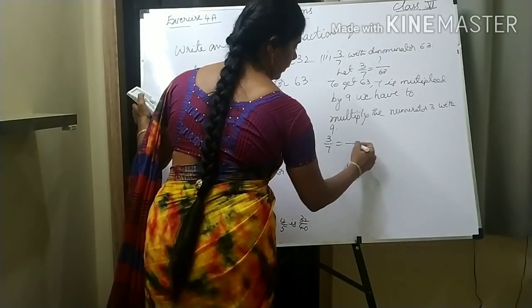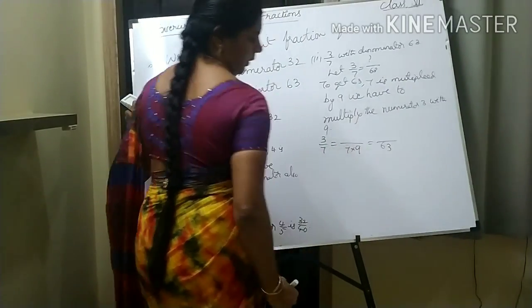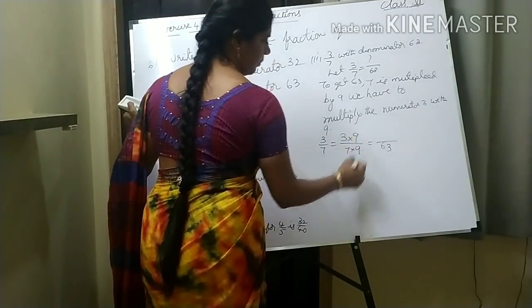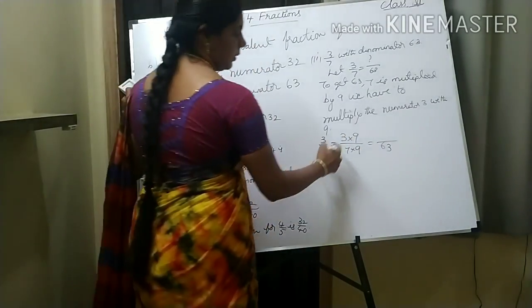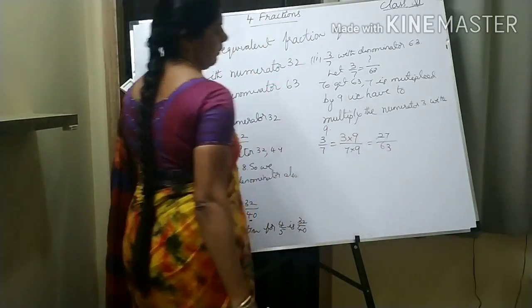See, 3 by 7, in the denominator with this you are getting 63. So with the same number here also multiply this one, you get 3 9s 27.